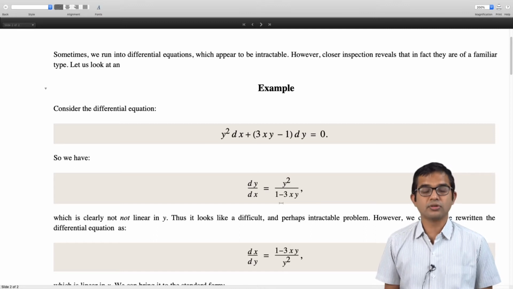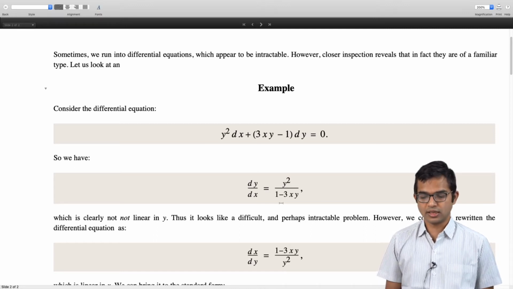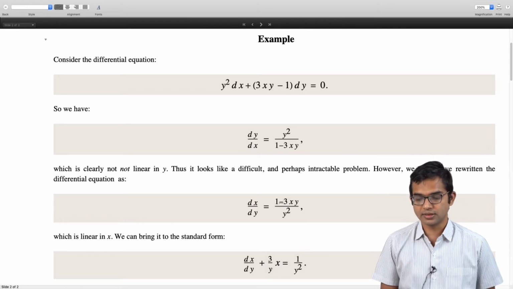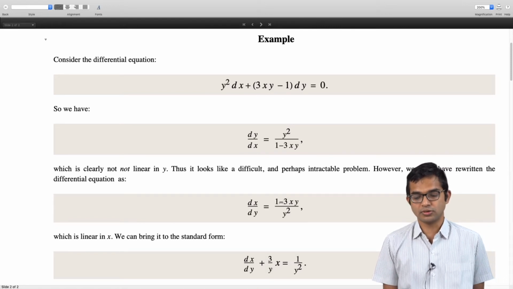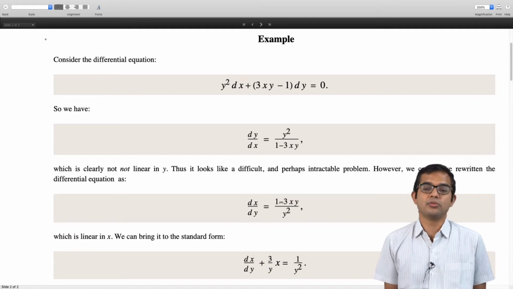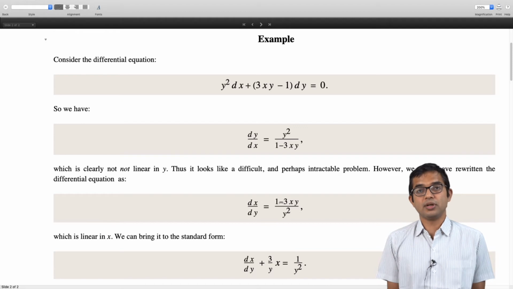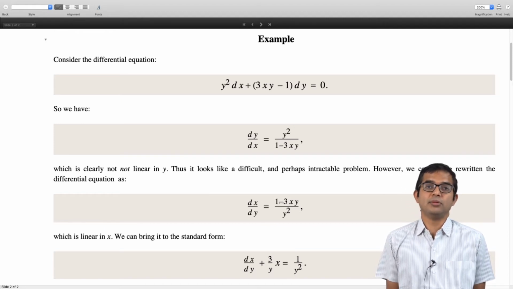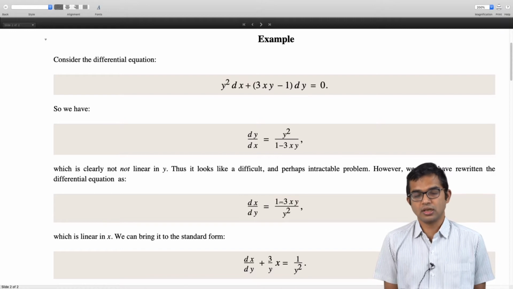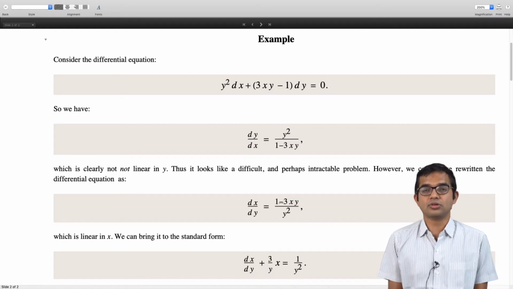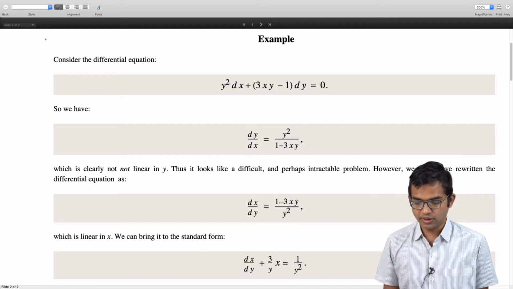So now you can go ahead and bring it into the standard form, dx by dy plus 3 by y times x is equal to 1 over y squared. So you see this is in the form: the derivative plus some function of y, which is the independent variable, times x equal to some other function of the independent variable on the right hand side. So it's an inhomogeneous first order linear differential equation. We know how to solve such differential equations.